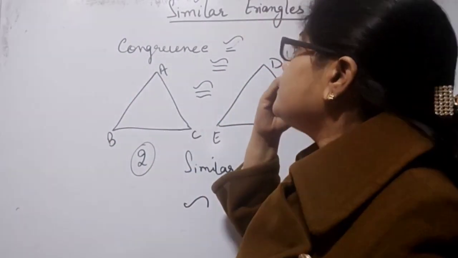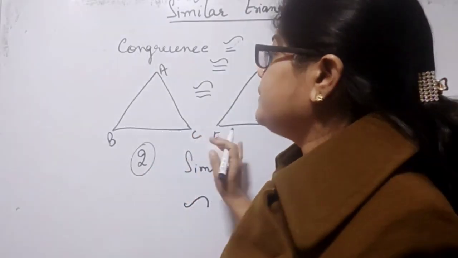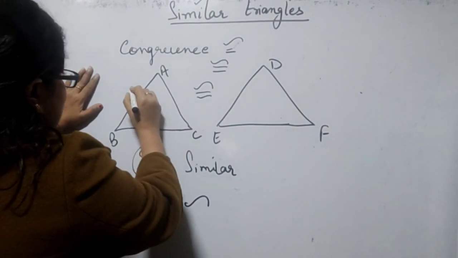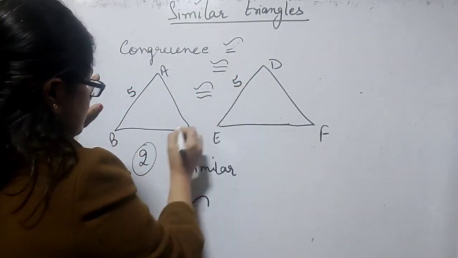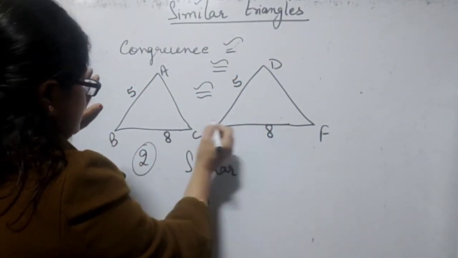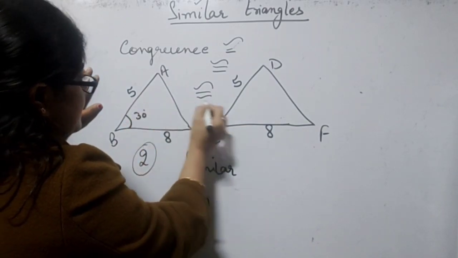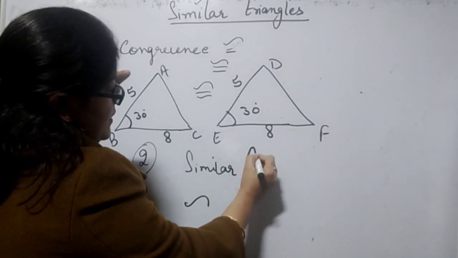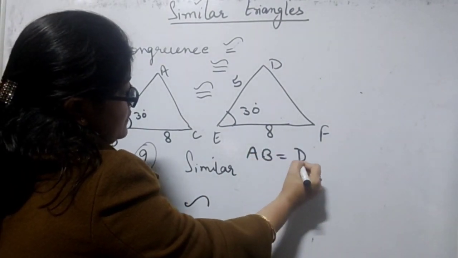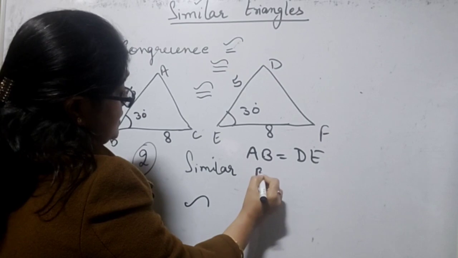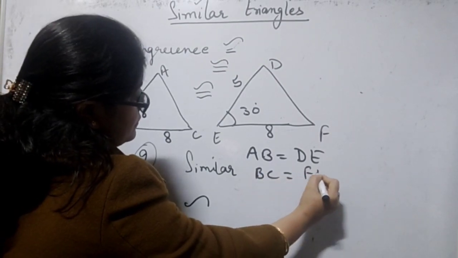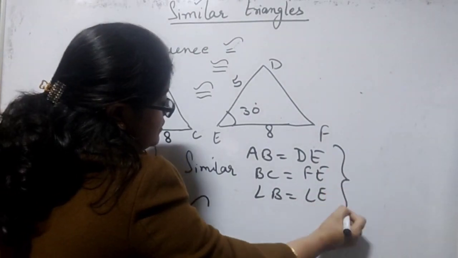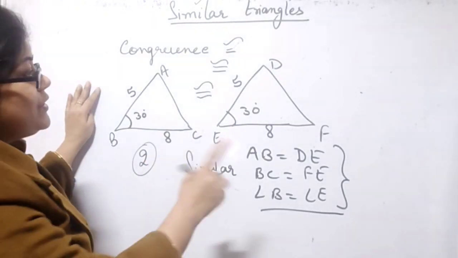Before I start this chapter, I want to share with you, for example, if these are two triangles, this is 5 centimeter, this is 5 centimeter, this is 8 centimeter, this is 8 centimeter, and this angle is 30 degree and this angle is 30 degree. Now here AB is equal to DE and BC is equal to EF and angle B is equal to angle E. That means these three things are equal in both the triangles.